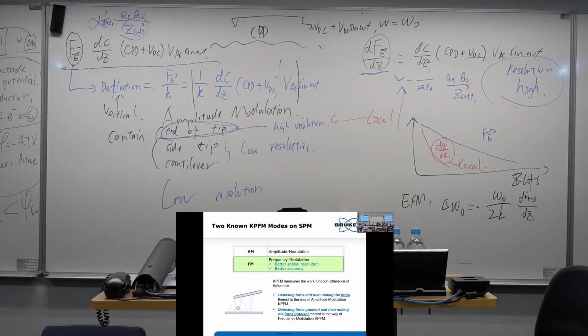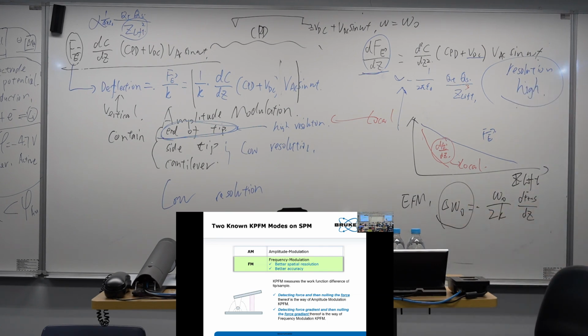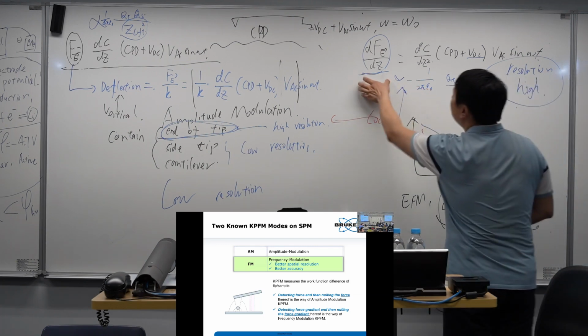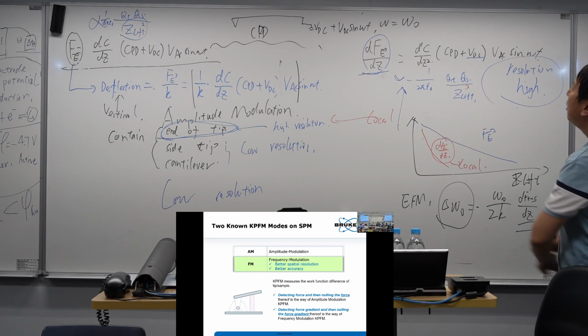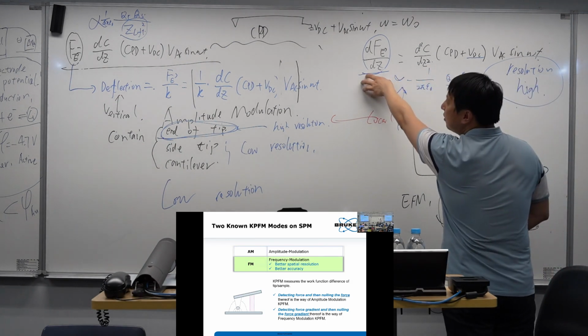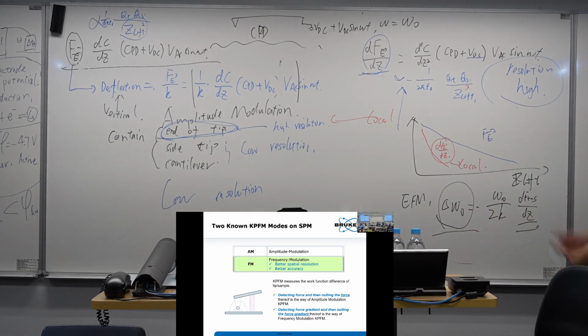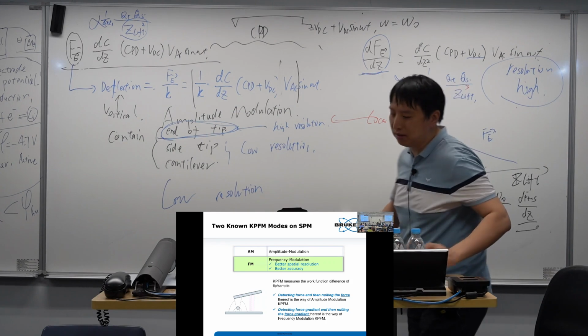If we can detect the resonance frequency shift, we can detect the force gradient. So the idea here is we want to detect the force gradient, and we just detect the resonance frequency shift. So the idea changes to something like this.